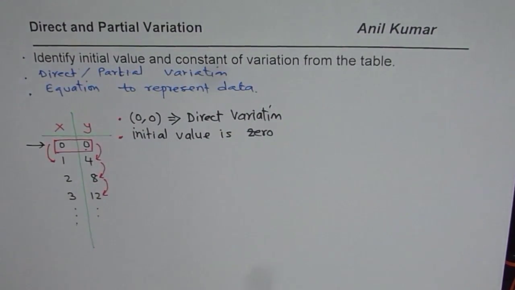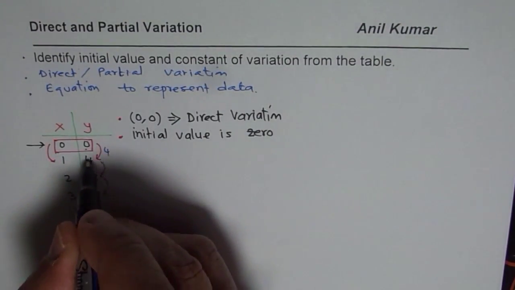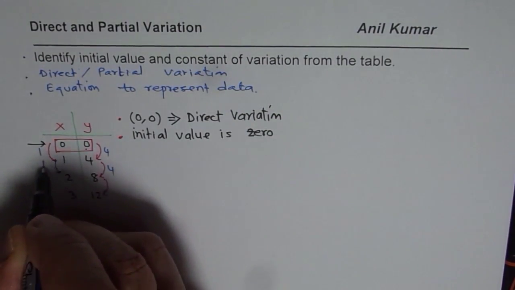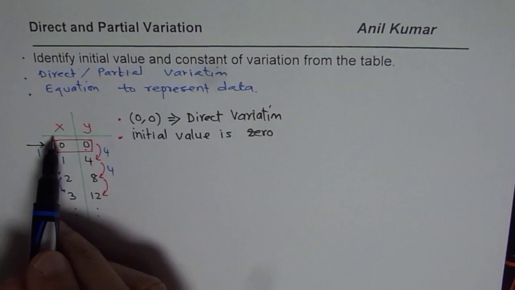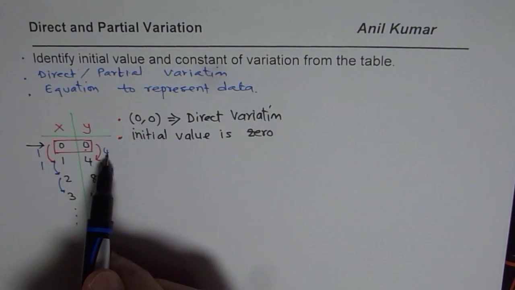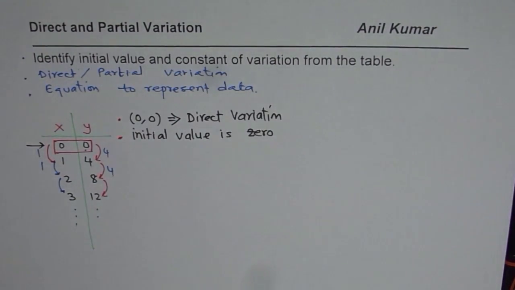The difference 4 minus 0 is 4, 8 minus 4 is also 4. Here the difference in x is 1. So for every unit change in x, y changes by 4, and therefore the constant of variation is 4, correct? So that is the way we can find the constant of variation.